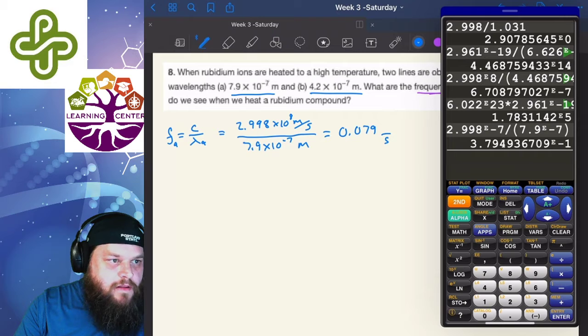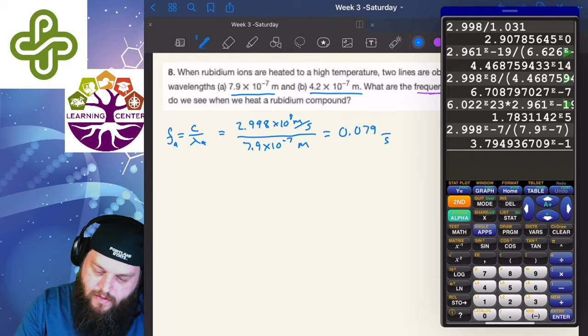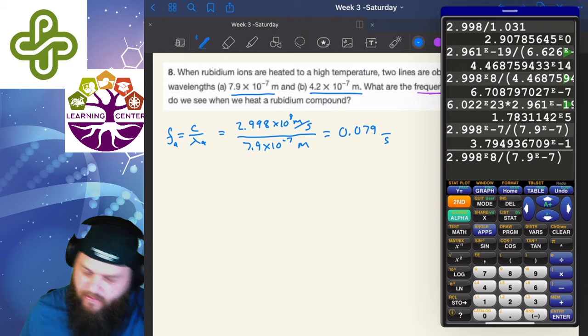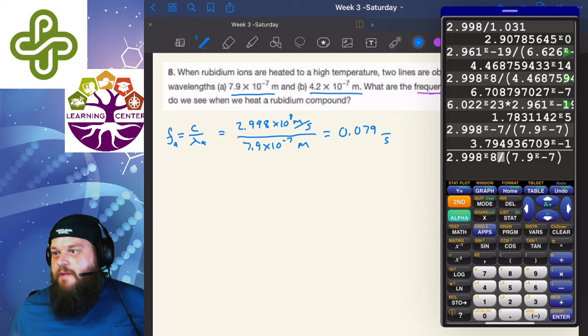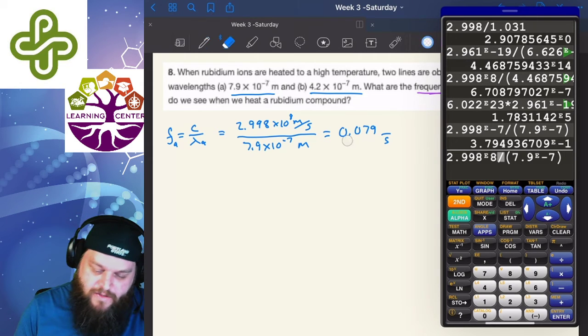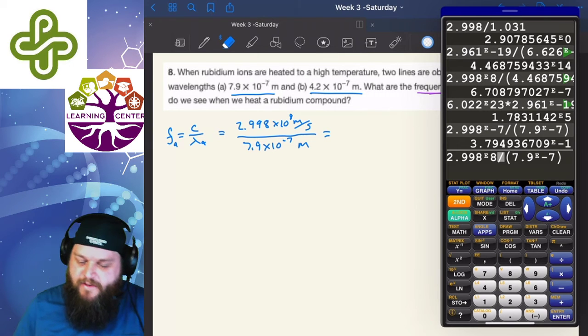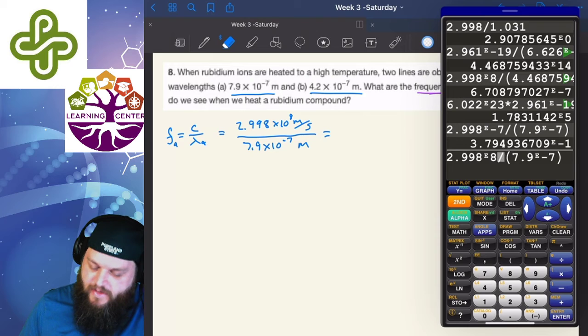Did something wrong there, didn't I? What did I do wrong there? I had my speed of light wrong. I should have had 10 to the 8th power instead of the -7. So let's recalculate that. It's 2.998 times 10 to the 8 divided by 7.9 times 10 to the -7.